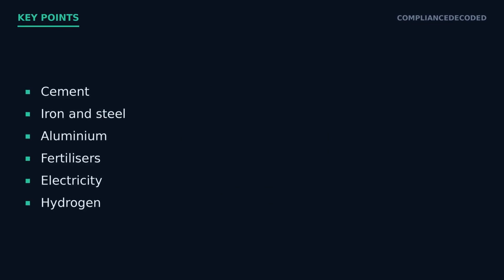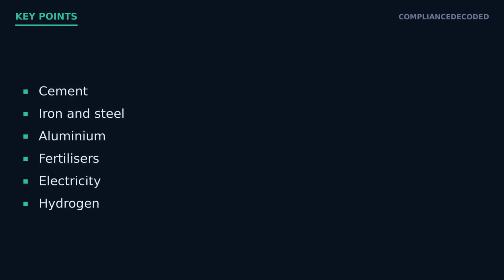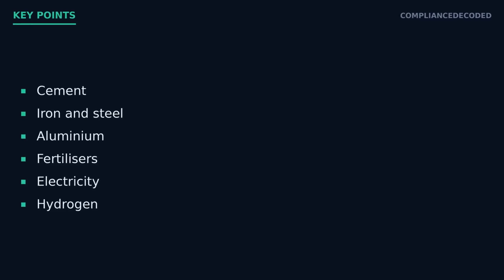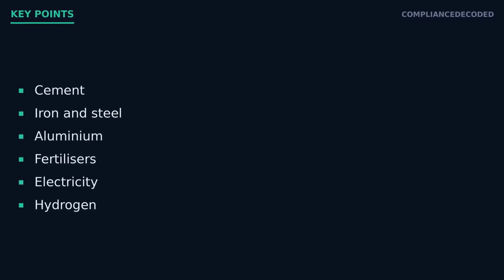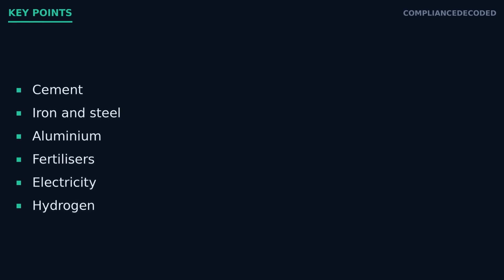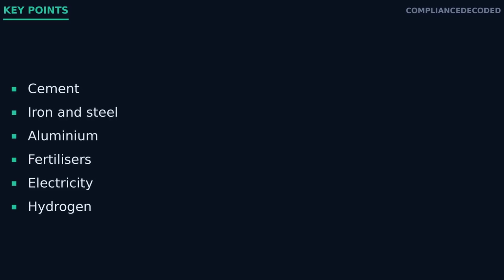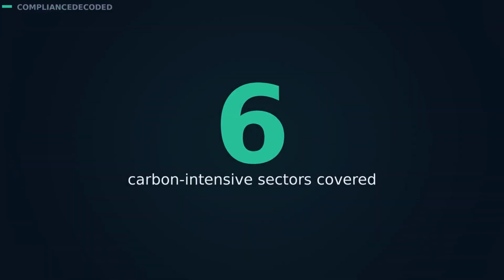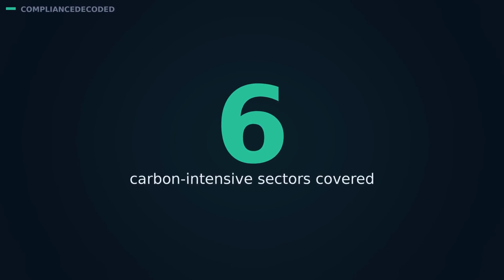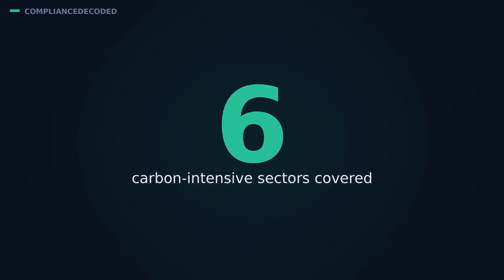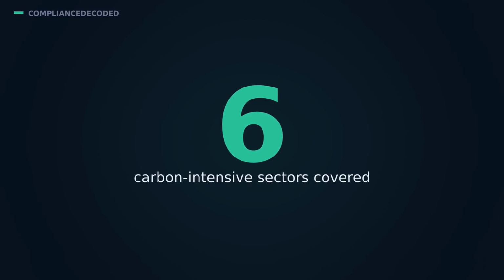These are the heavy hitters of industrial emissions, the materials where production tends to release large amounts of carbon, and where the risk of leakage is highest. If you're importing any of these into the EU, CBAM is relevant to your operations. That focus on 6 sectors is deliberate. Rather than trying to cover every product at once, the EU concentrated on the industries where carbon pricing and leakage risk matter most.